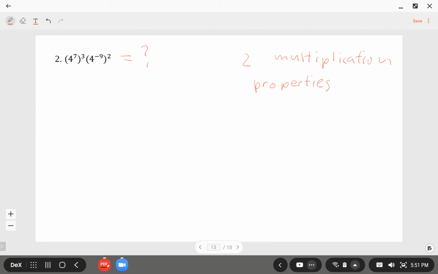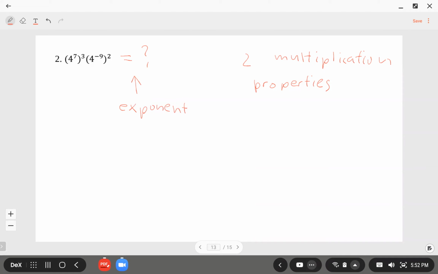But for now, I expect everyone to give me an answer. What is this? And you don't need to actually simplify it to numbers, just write it in exponent form.